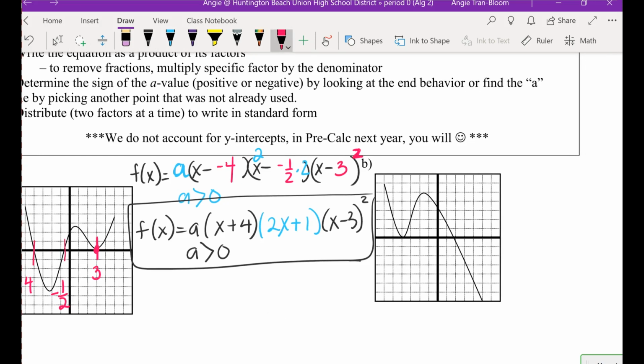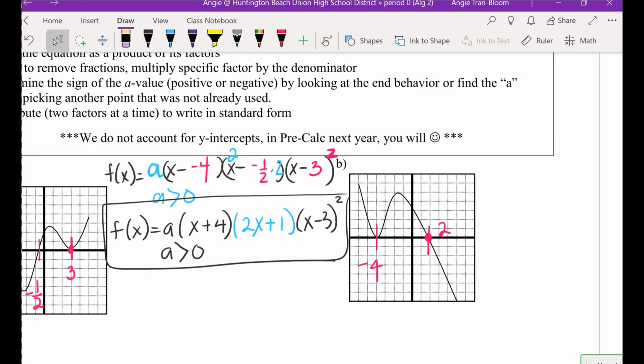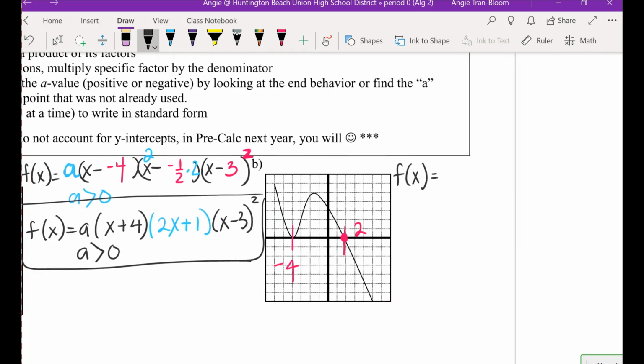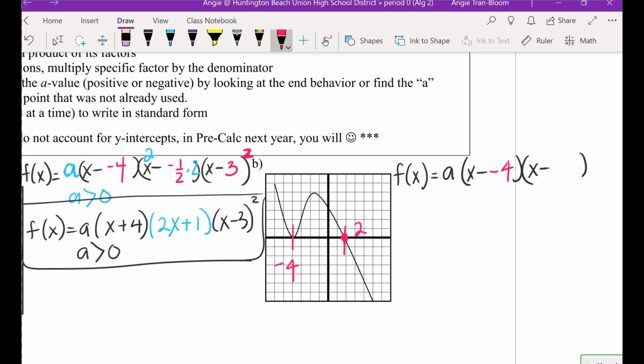Okay, last one. This first 0 is where? Negative 4. This 0 right here, just to make things simple, let's just say that's at positive 2, okay? Next, how many zeros do you have? 2. So I will start with the 2 quantities. Make sure you put an a in the front. x minus, x minus. What do we fill in both spaces? Negative 4 and a positive 2. Do we both give them a power of 1?